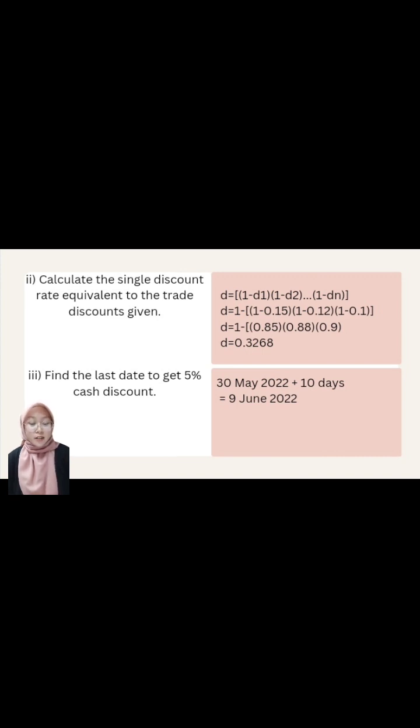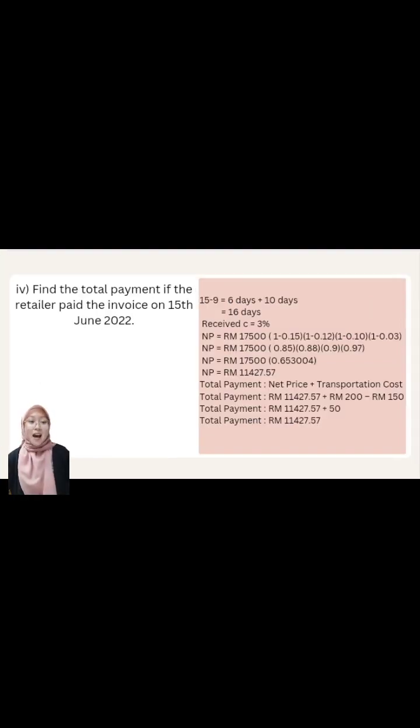So we just add the numbers into that formula: D equals 1 minus (1 minus 0.15)(1 minus 0.12)(1 minus 0.1), and it will be D equals 1 minus (0.85)(0.88)(0.9). And the answer is D equals 0.3268.